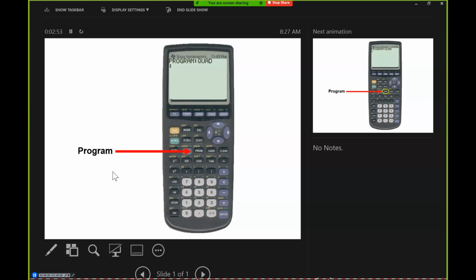So let's talk for a moment about what it is that we're going to program the calculator to do, okay? Just to give you an outline of what we're about to do. The quadratic formula is just a formula, right? What we need the calculator to do is to ask us to give it the values for A, B, and C. And then we need to take those values from A, B, and C and store them into variables.